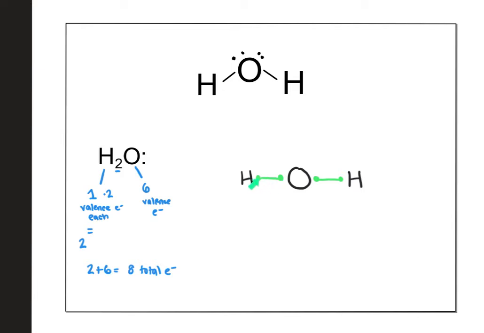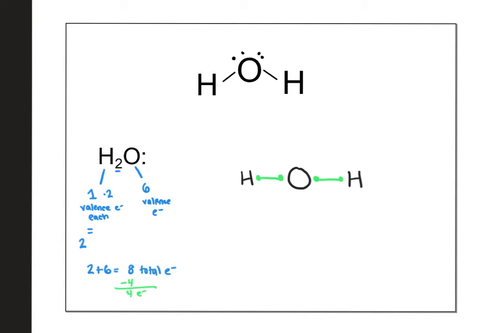So there are 2 electrons here and there are 2 electrons here, and they belong to both the hydrogen and the oxygen. So right now, I have used up 4: 1, 2, 3, 4. So in my piggy bank, I have 4 electrons left to work with.